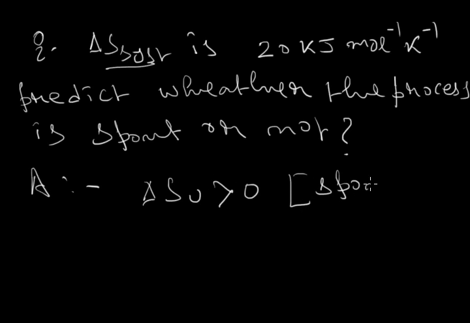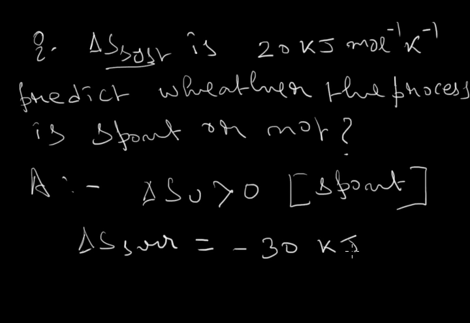Now, in this case, the entropy change of the system is given and it is positive, but we cannot say whether the process is spontaneous or not, because delta S surrounding could be equal to minus 30 kilojoule mole inverse Kelvin inverse. The unit of entropy change is kilojoule mole inverse Kelvin inverse in the SI system.